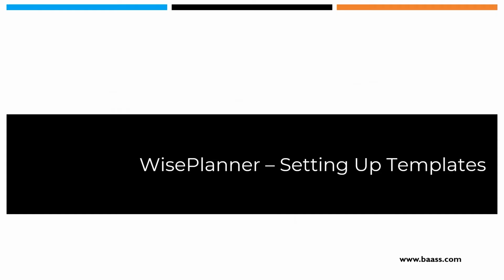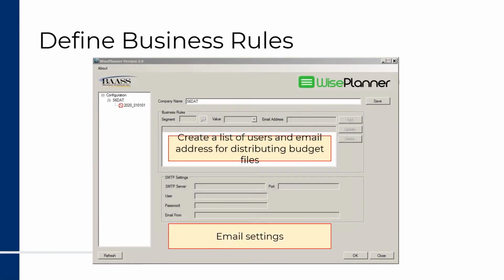So let's walk through some of the key features of WisePlanner. What you see now is the front end, and this is the only screen that you need to work with in WisePlanner. There are not multiple screens or anything like that. This is a one-time setting to say, whenever I generate any Excel templates, I want these users to be receiving the templates.